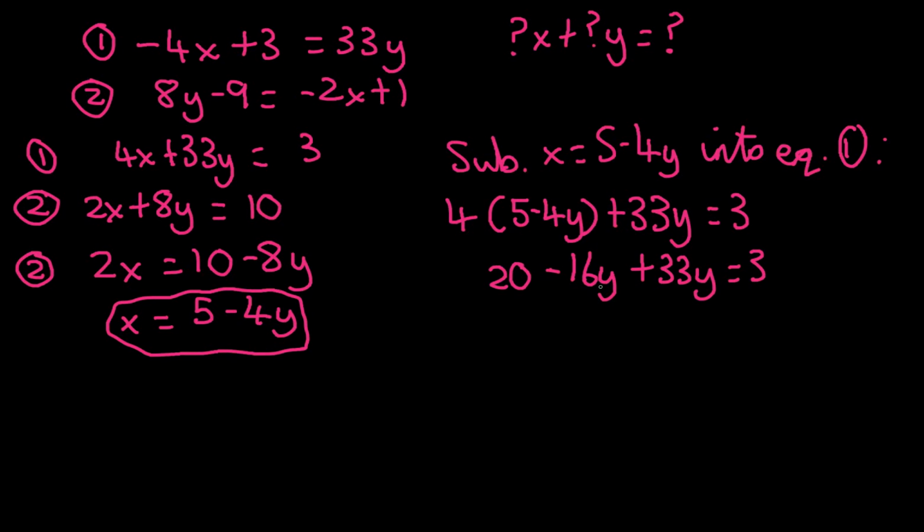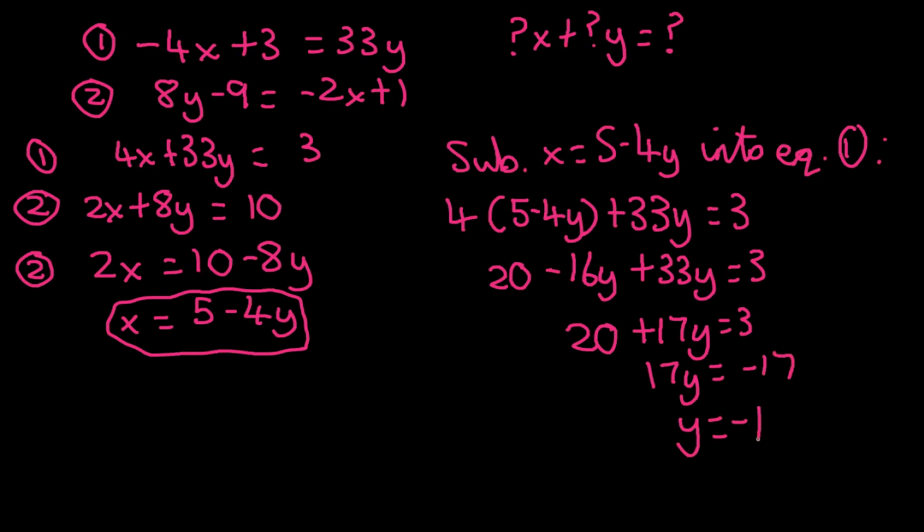Collecting like terms and simplifying, 20 minus 16 plus 33 is plus 17y is equal to 3. Subtracting 20 from each side, 17y is equal to minus 17. So y is equal to minus 1.